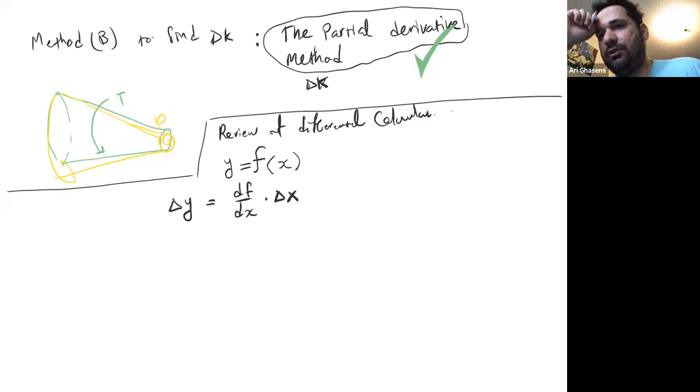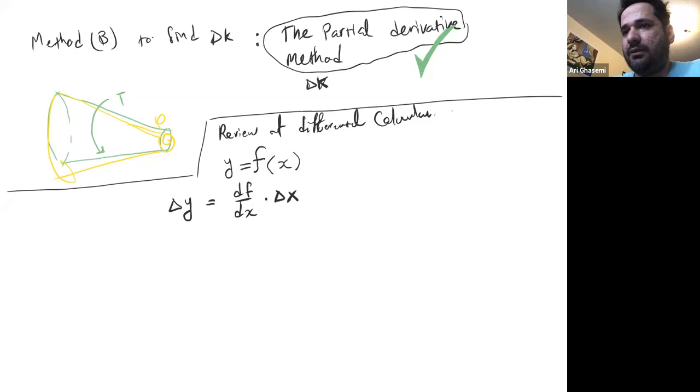Right? Do you remember that? Basic differential analysis. I assume that you have the basic one-variable differential.